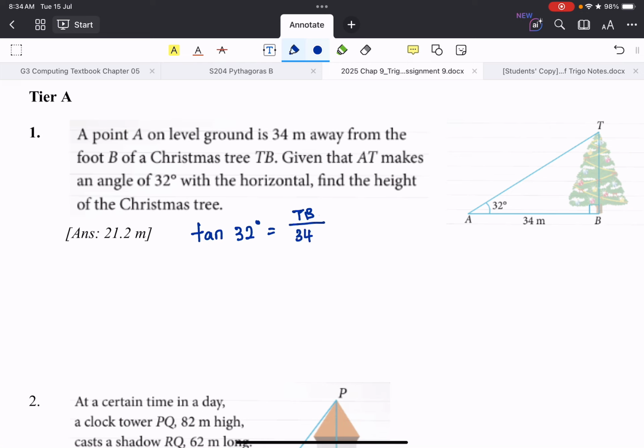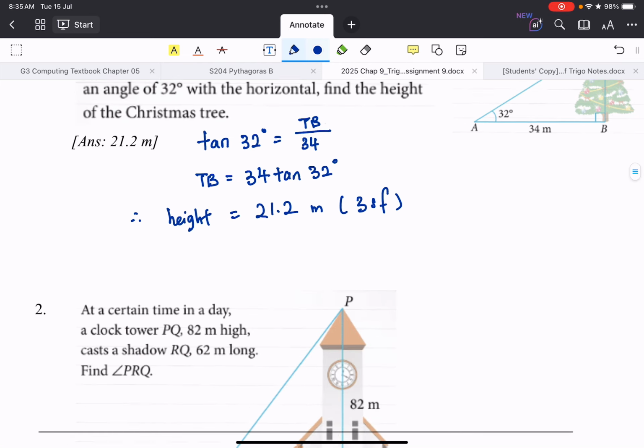So TB is equal to 34 multiplied by tangent 32 degrees, and TB is the height. Therefore height is equal to 21.2 meters, rounded off to 3 significant figures.